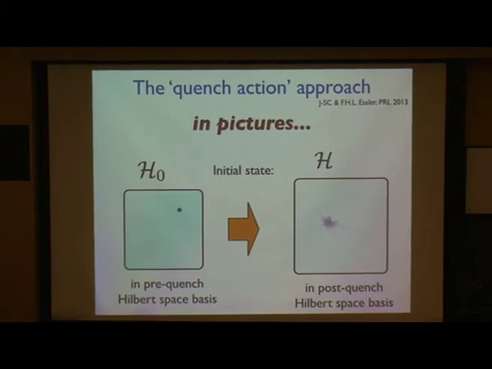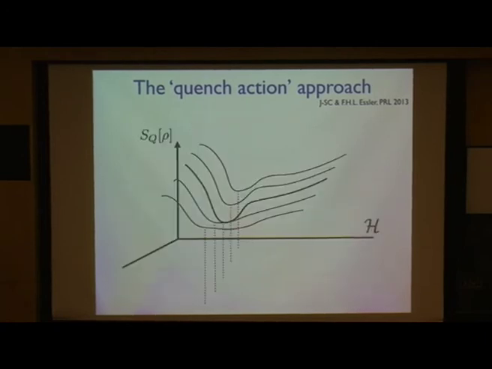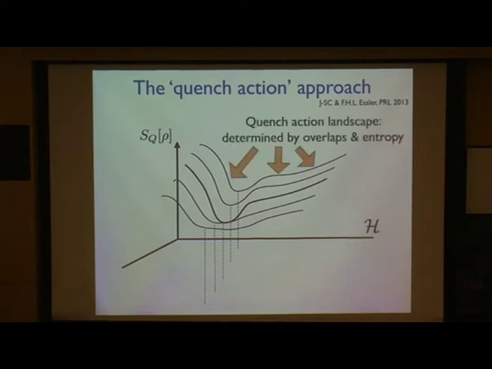The idea of the quench action is to represent this splash of amplitude as a pseudo-free energy functional. I'll show you the equations maybe later, but you define a new pseudo-free energy given by the overlap of the initial state with the Bethe state that you're considering, modulo the entropy.